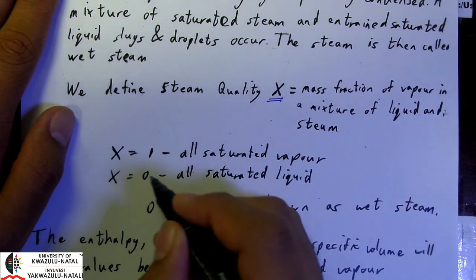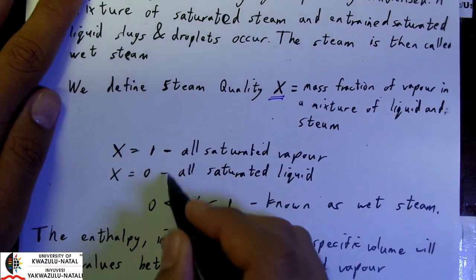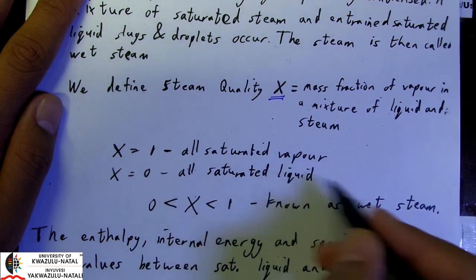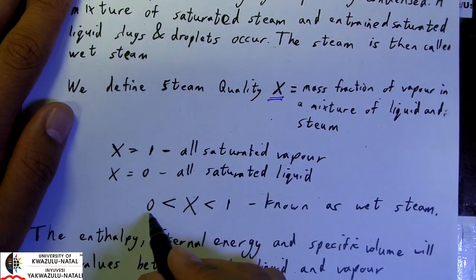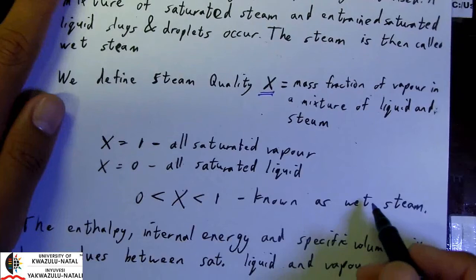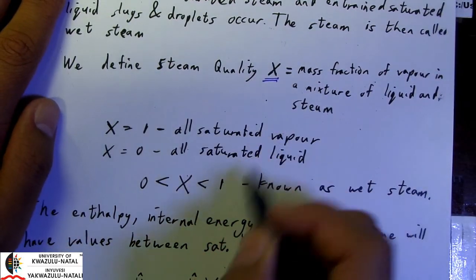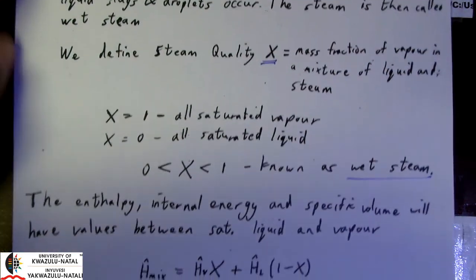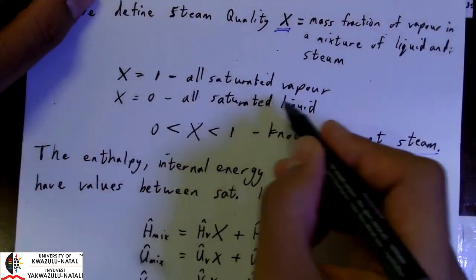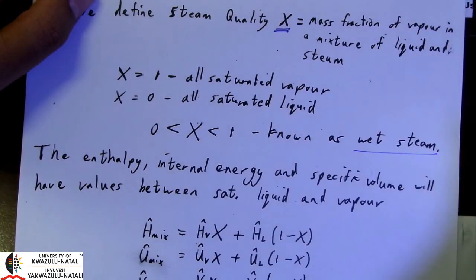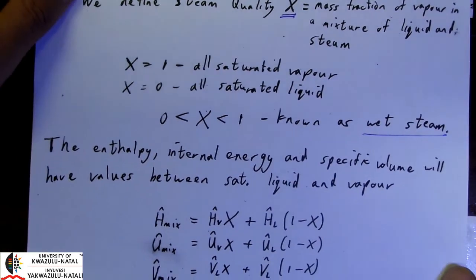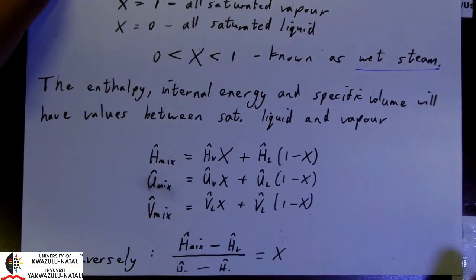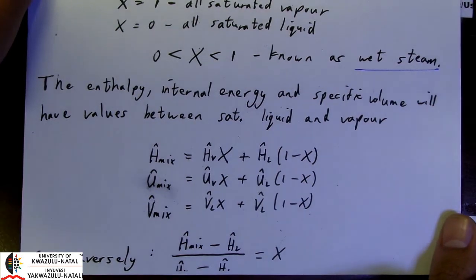However, if X is 0, then we can expect to have saturated liquid. But if X is between 0 and 1, then we have a mixture of vapor and liquid, and this is known as wet steam. Anything above the saturated vapor is of course dry steam, that doesn't have any liquid water.